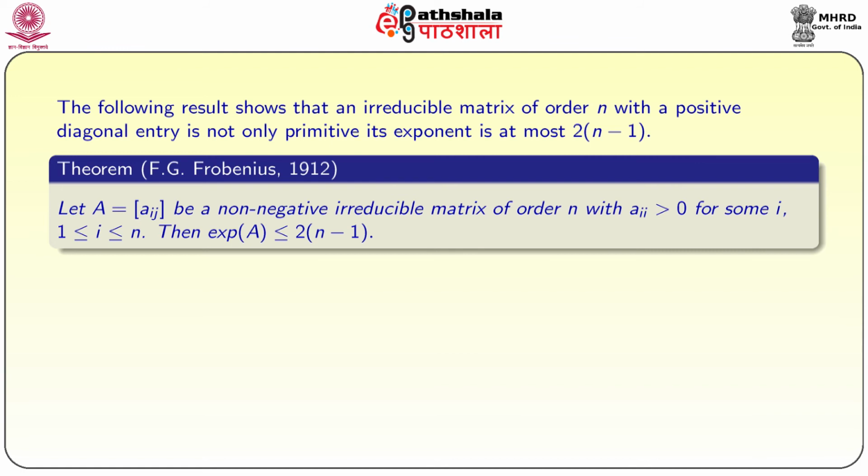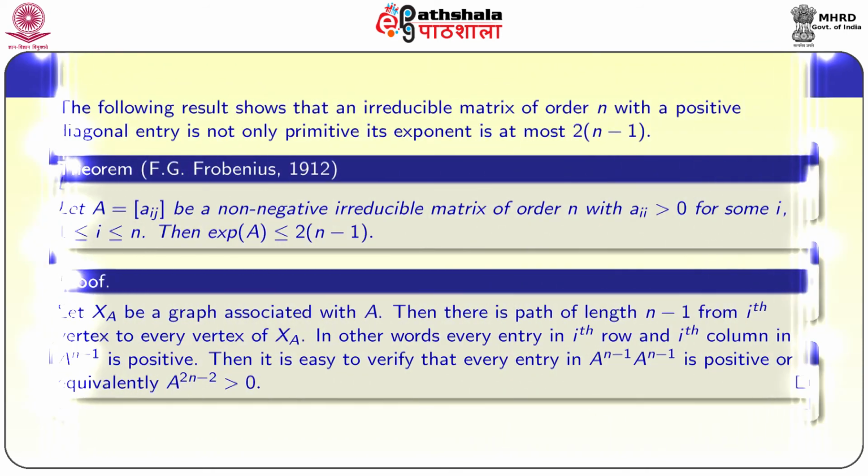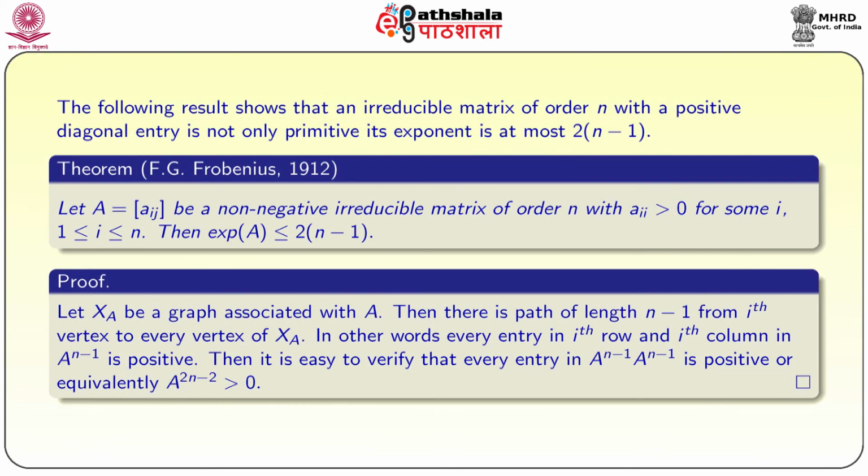That is, it is not only saying it is primitive, but the exponent is also less than or equal to 2n minus 2. Let X be the graph associated with A, then there is a path of length n minus 1 from the ith vertex to every vertex of X. In other words, every entry in the ith row and ith column in A power n minus 1 is positive. Then it is easy to verify that every entry in A power n minus 1 into A power n minus 1 is positive, or equivalently A power 2n minus 2 is greater than 0.